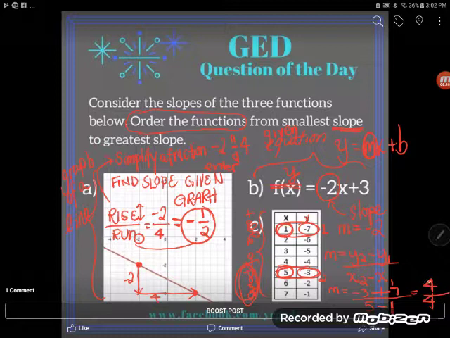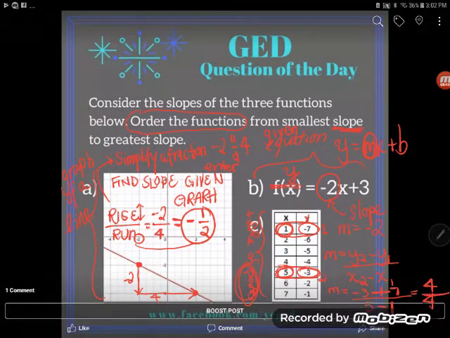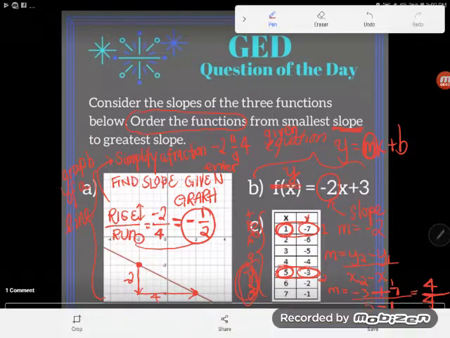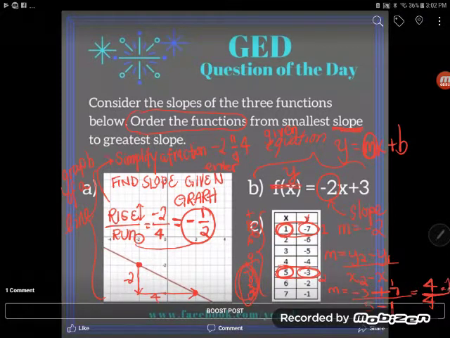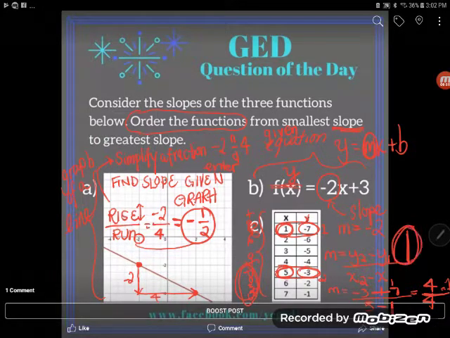And of course, 4 over 4, remember a fraction bar also means divided by. That simplifies perfectly because 4 divides perfectly by 4. And that's equal to 1. So my work's gotten pretty messy, but I just figured out that my table has a slope of 1. So where can I write that? So this one has a slope of 1.